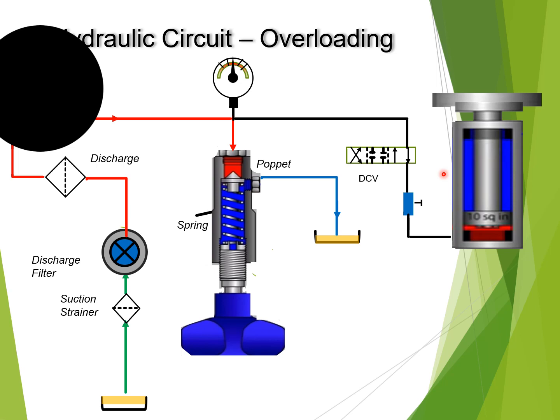So when a hydraulic system works in an overload condition, the pressure in the system may cross the safe operating limits, and this can cause damage to the components. This can adversely affect the performance of the components.